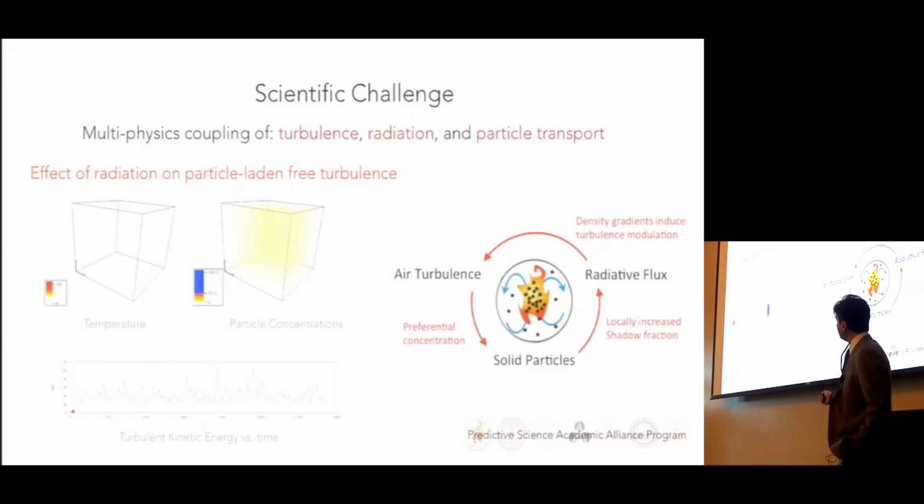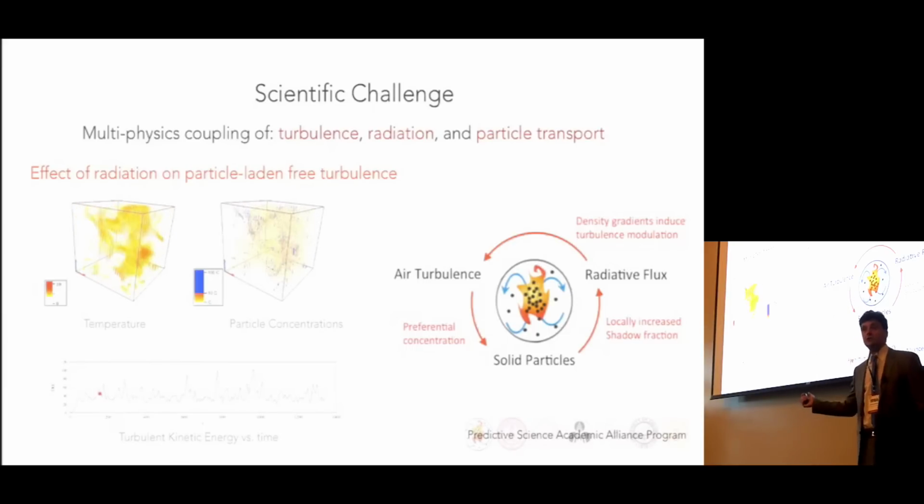This is an early calculation that we did, where we start with a homogeneous distribution of particles in a turbulent box. You see that very quickly, subject to radiation, we generate very high concentrations. The blue things here are very high concentrations of particles. Corresponding to that, there are thermal plumes, these regions of high temperature, that then continue to regenerate turbulence and self-sustain the process.